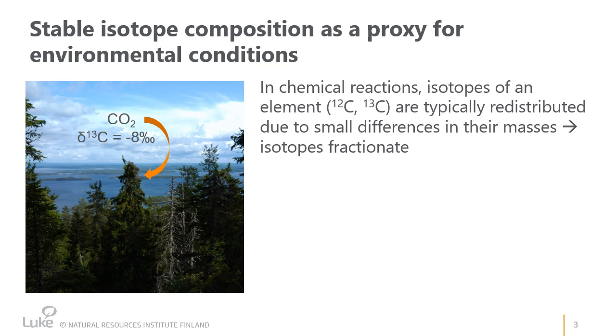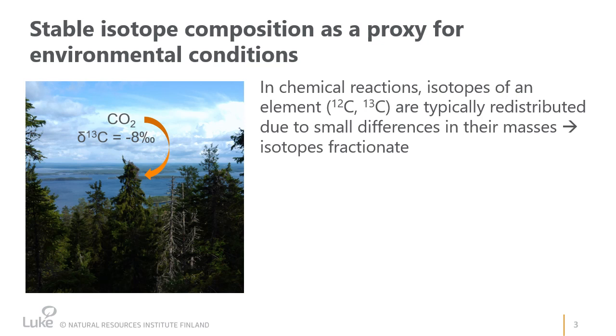So the carbon dioxide in the atmosphere is used by the plant in photosynthesis. But in order for the plant to be able to use it, the carbon dioxide first has to migrate to the place where the reaction takes place that forms the sugars. So the carbon dioxide diffuses into the plant through the plant stomata into the leaves, and then is used in reactions to form sugars. And both of these phases or processes fractionate.